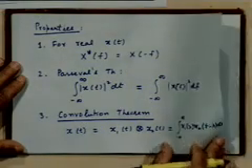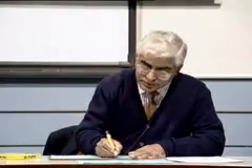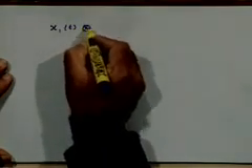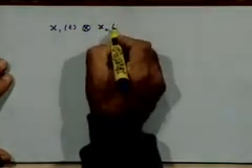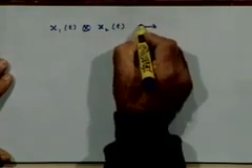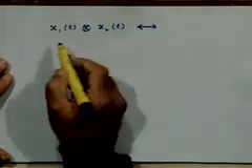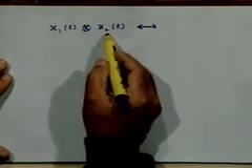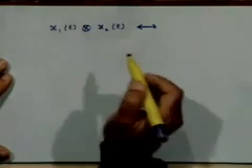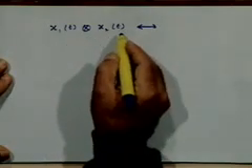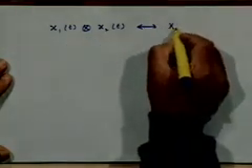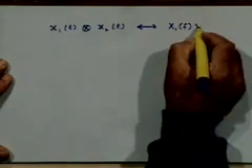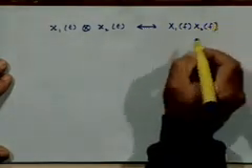And then the convolution theorem says that if x1(t) has a Fourier transform X1(f) and x2(t) has a Fourier transform X2(f), then x1(t) convolved with x2(t) has a Fourier transform which is the product of these two corresponding Fourier transforms.